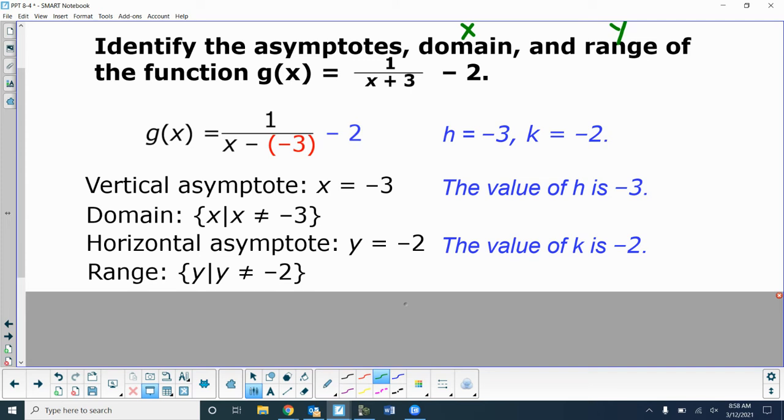Y can be anything but negative 2 is what that's saying for the range. So whatever you get for this, you just write x cannot equal that for the domain. And whatever y equals for your asymptote, you write y cannot equal that for your range, when you have to do a problem like that. So it's really easy when it's written in this form, okay?